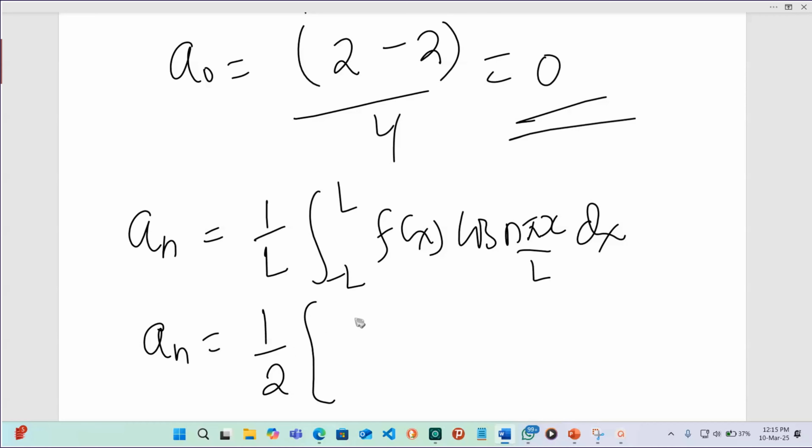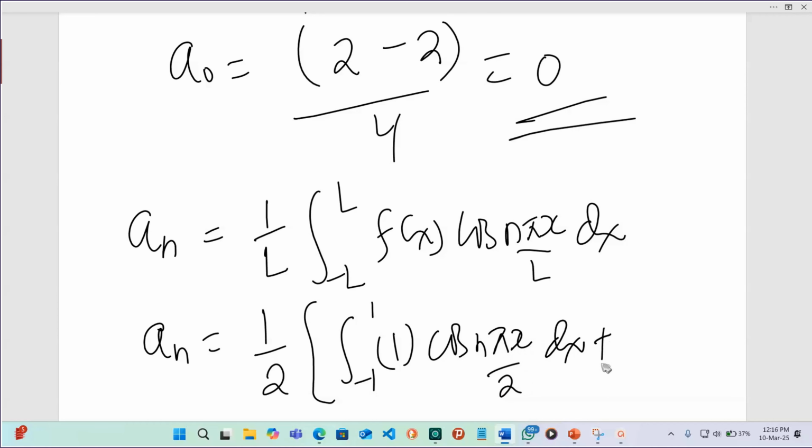So we're integrating from negative 1 to 1. F of x here is 1, then cos n pi x over 2 with respect to x. Then plus integrating from 1 to 3 of negative 1, then we have cos n pi x over 2 with respect to x.